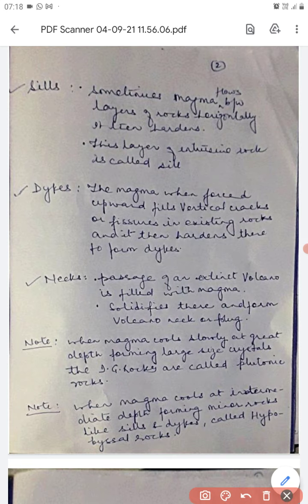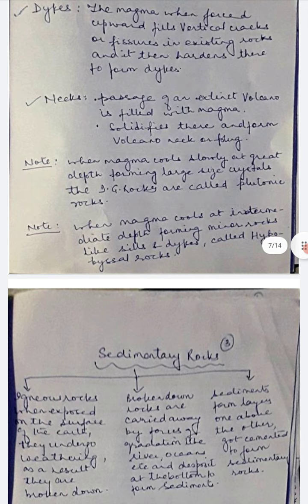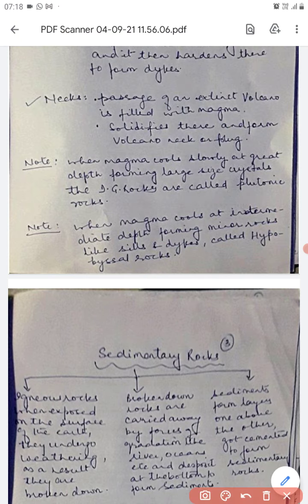And the other note is when magma cools at intermediate depth, forming minor rocks like sills and dikes, they are called hypabyssal rocks. So there are two types of igneous rocks formed: when the magma cools at a greater depth, the rocks having large size crystals are called plutonic rocks, and when the magma cools at an intermediate depth, they form minor rocks known as hypabyssal rocks.